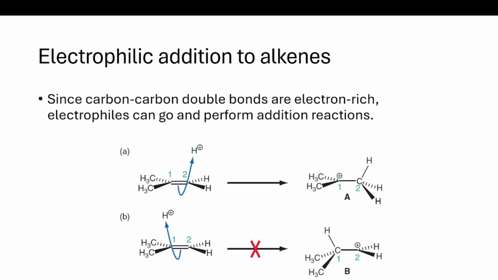In this image below, we see that the preferred product yields a carbocation centered on carbon 1 and attached to carbon 2 and 2 other methyl groups. We don't want a less stable carbocation where there's only one carbon attached to the carbocation carbon.